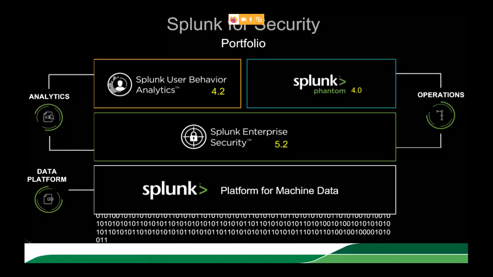So it is sitting in the middle on top of the enterprise platform, and around it there are different tools which complement Enterprise Security for better analysis. UBA is another module within Splunk, which helps Enterprise Security detect insider threats, anomalies, and multiple threat incidents.